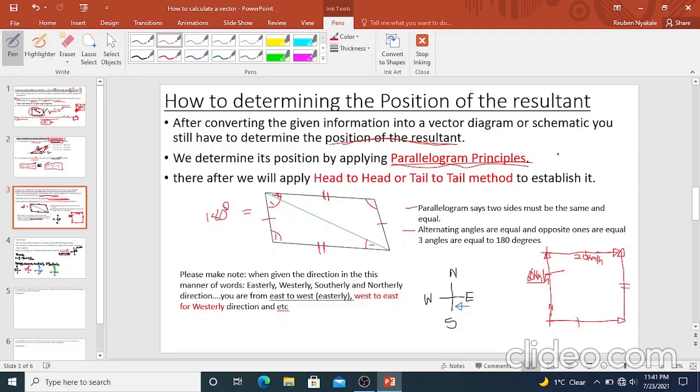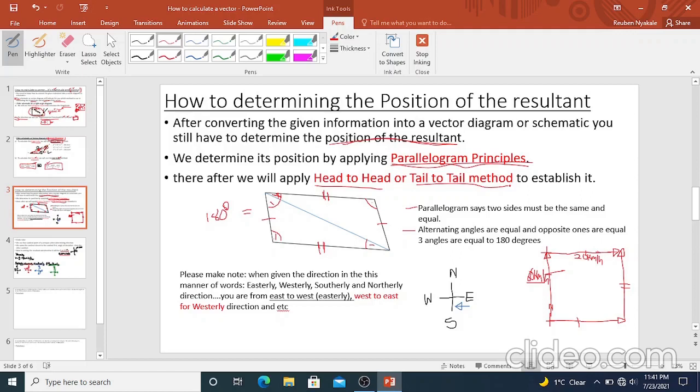Now we continue to apply parallelogram. You can tell here we've applied parallelogram. We've replicated the first part of the parallelogram. Now we had to complete it with the mirror image. Then, to establish the position of your resultant, we need to apply what we call the head-to-head or tail-to-tail method.